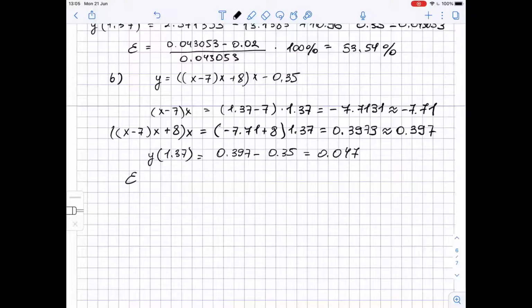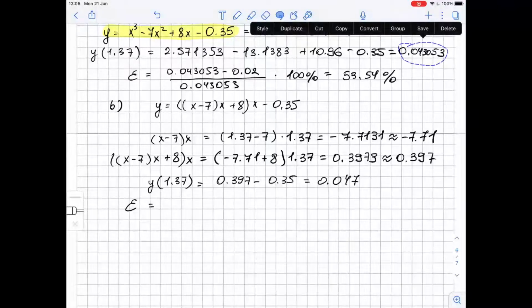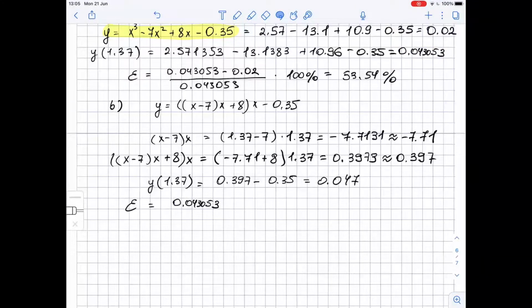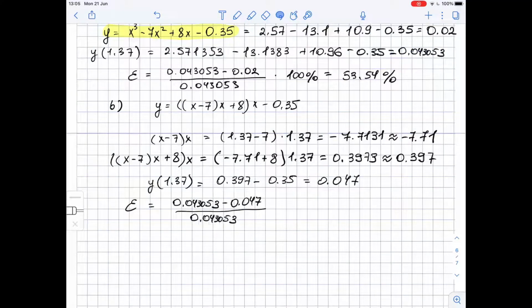Well, now let's calculate the error. So again, we take the same exact value as in part A, minus the value that we got, which is 0.047, and then we divide it by the exact result again and multiply by 100%.